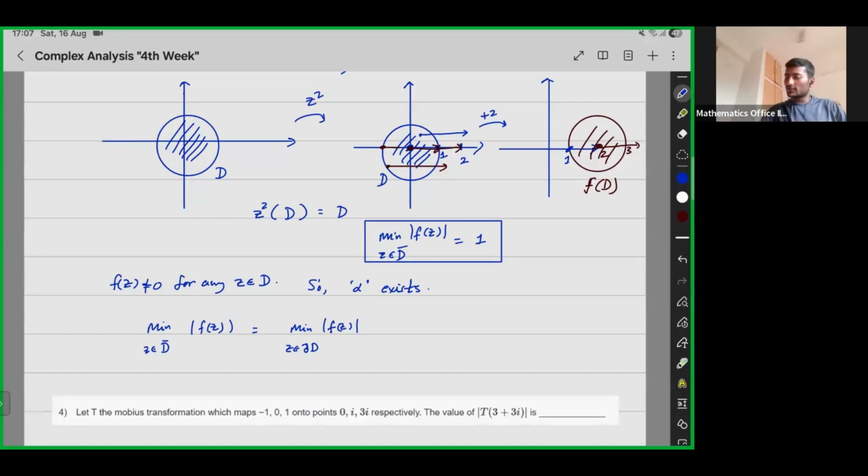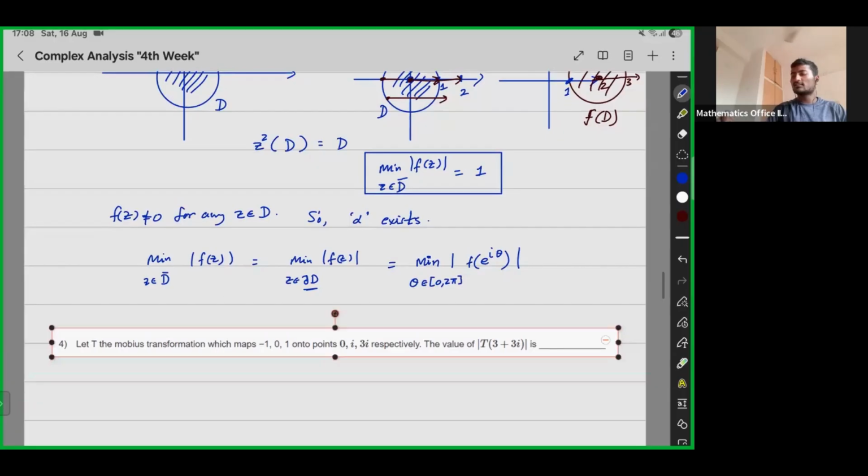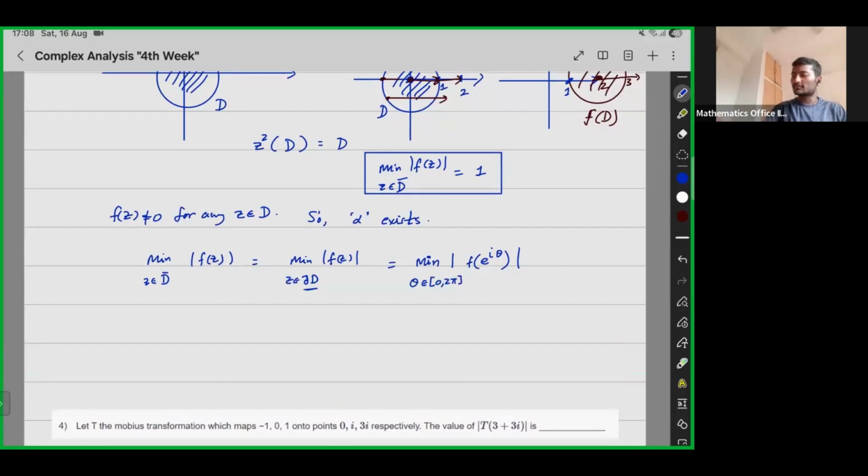We can continue. So now, what are the elements in del D? They look like e power i theta, right? So this is nothing but the minimum of the modulus of f of e power i theta, theta belonging to 0 to 2 pi. I'm just reducing my problem so that I can understand it very clearly.